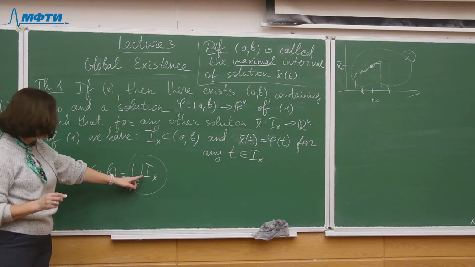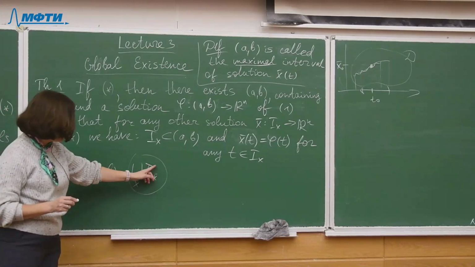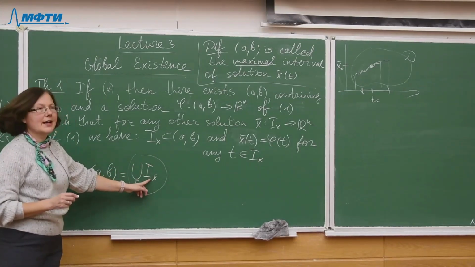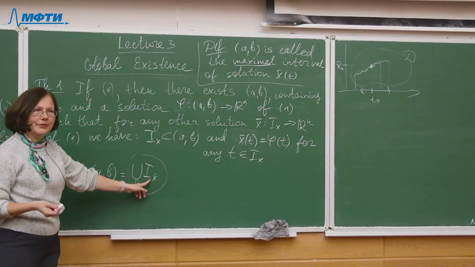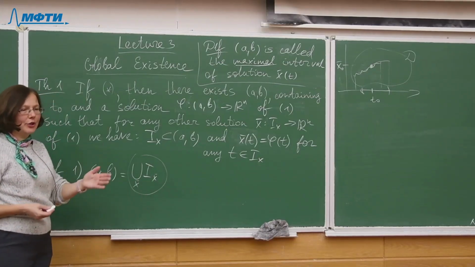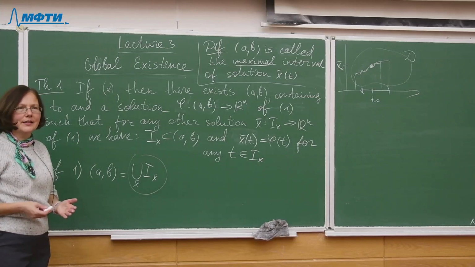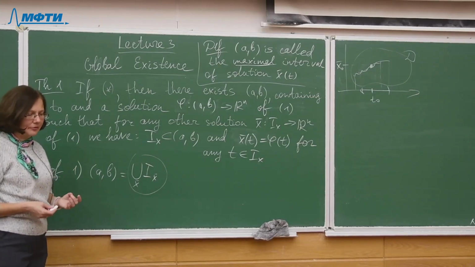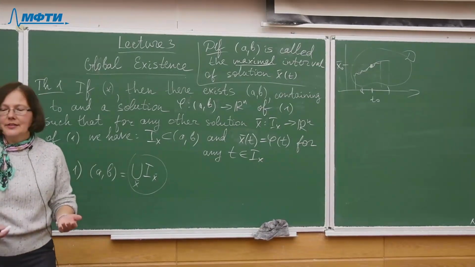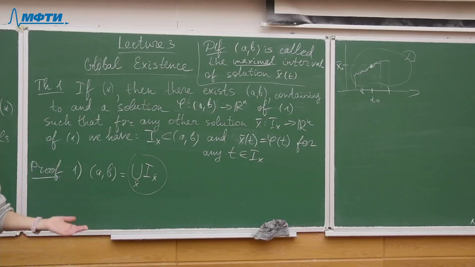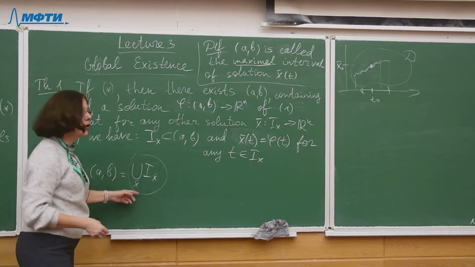Given that all the intervals Ix are open, right? So the union of open sets, a finite or infinite number of open sets, is open, right? So this is an open set.